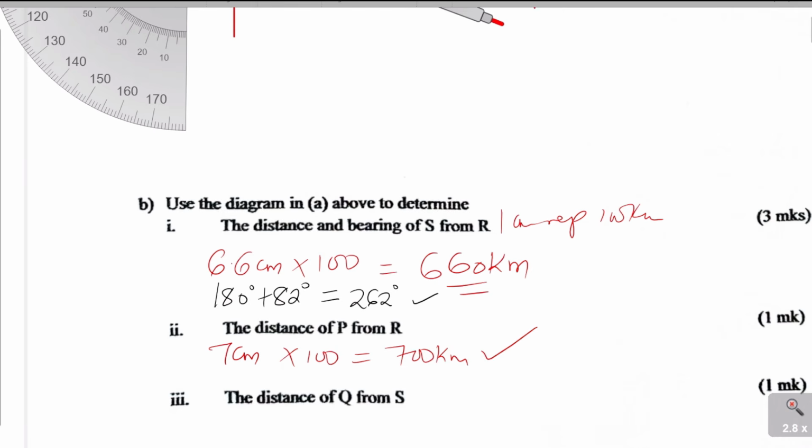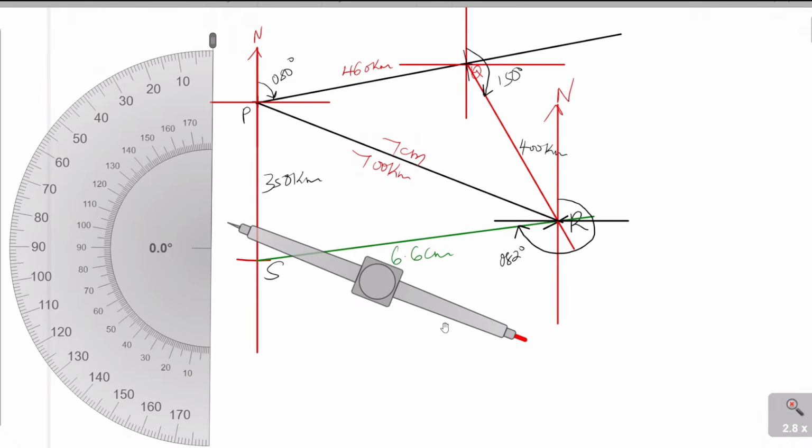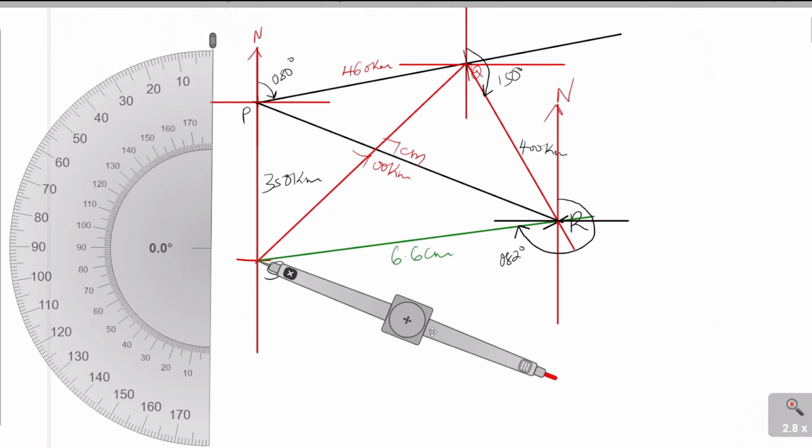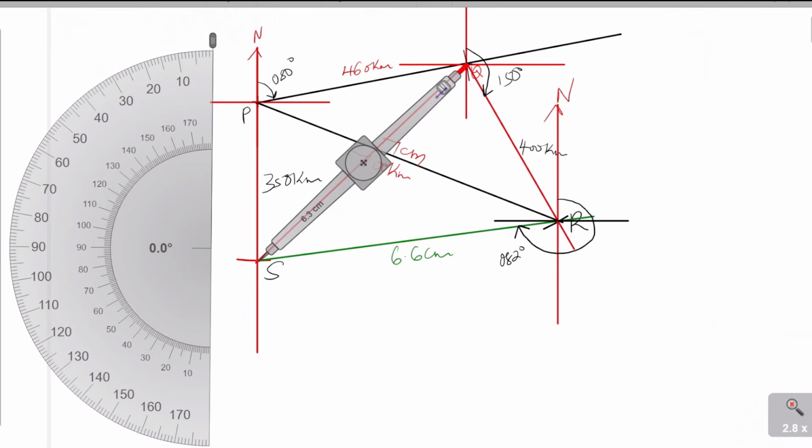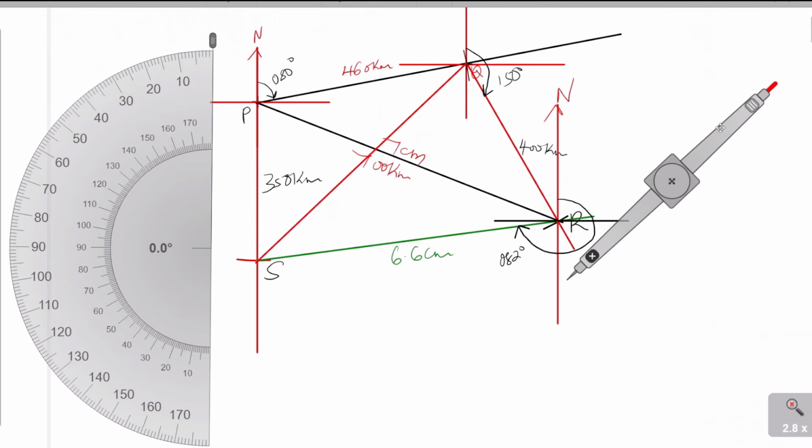The other question, the distance of Q from S. Q is here, then S is here. Again, you can join that using a straight line, QS, and then you measure the distance. Mine is giving 6.3 centimeters.